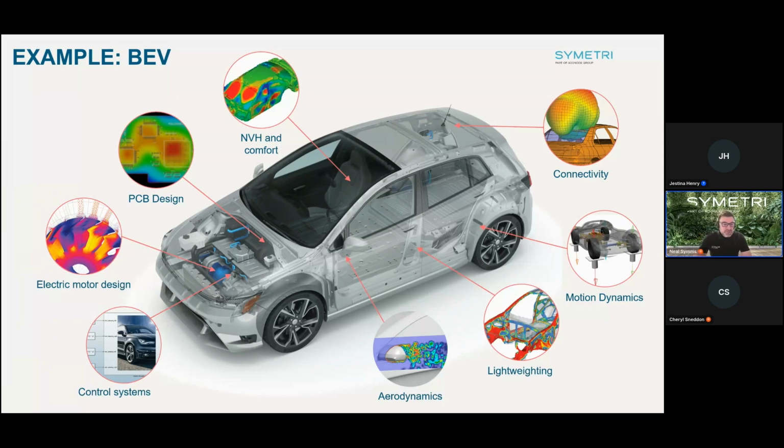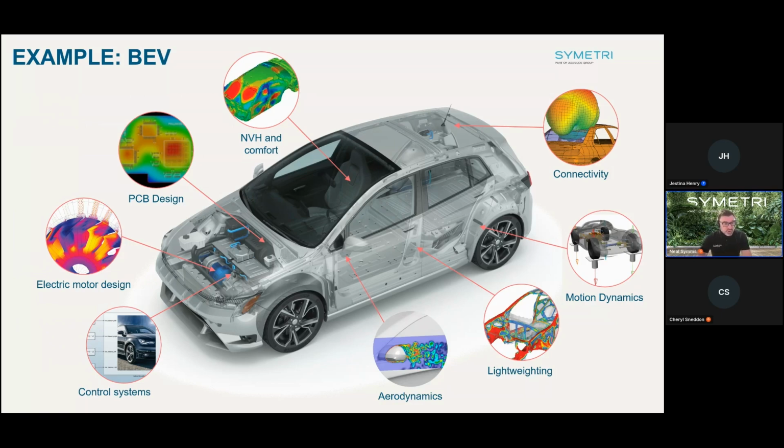This simulation helps optimize the design of the electric motor for maximum efficiency, power density, and torque. PCB design, where thermal management is critical for battery packs and electronics. Simulation helps us ensure optimal cooling and prevent overheating. Control systems: simulation allows for the development and testing of advanced control algorithms for battery management, motor control, and vehicle dynamics.